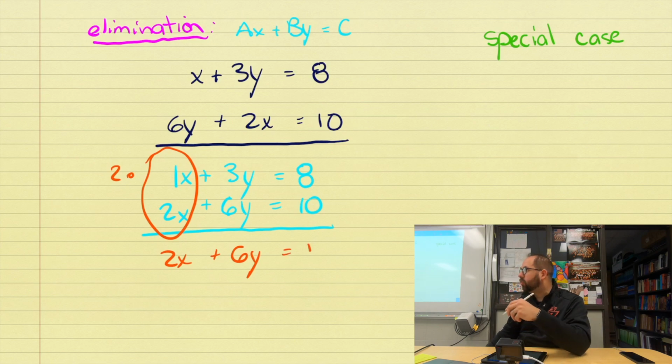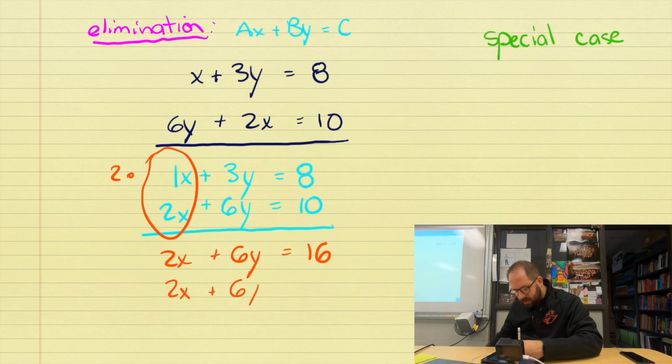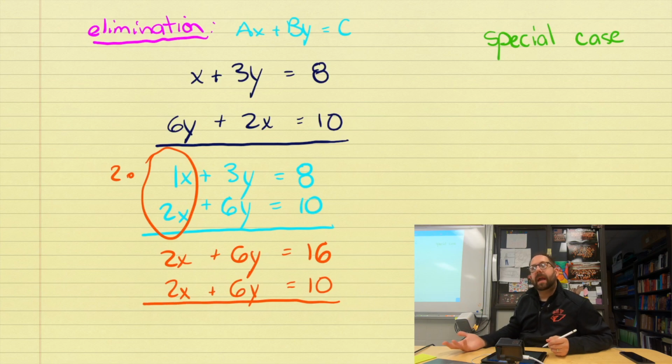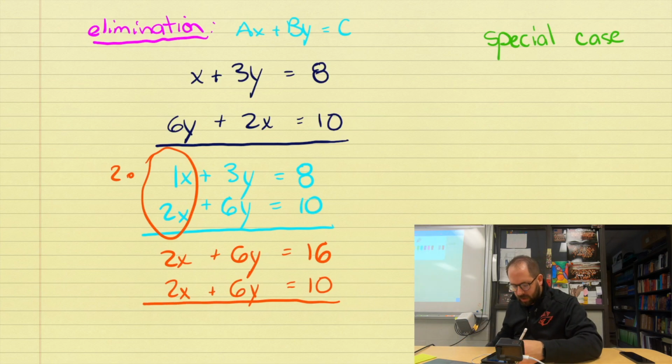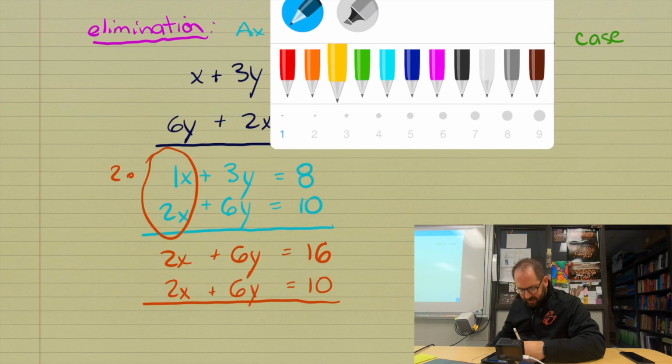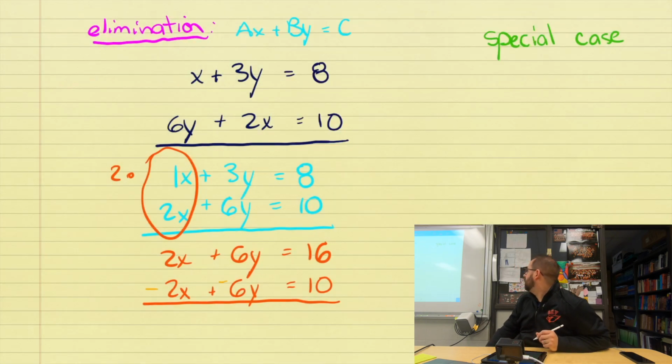That's multiplying a 2 through the whole top line. The second line's already a 2, so I'm going to leave it alone. And then we need to make one of them negative, since one of them isn't negative. So I'll make that second row negative. I switched all the signs, because you only have to do that if the variable that you chose isn't negative.